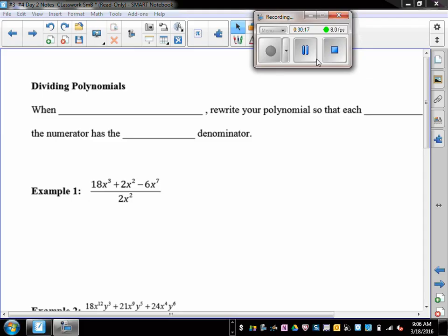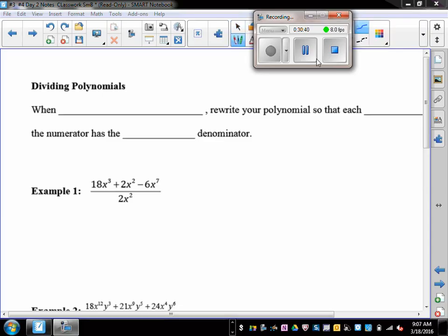All right, dividing polynomials. So we should be on the back side of that page. We're on the back side on that page. After spring break. All right, on the back side of our notes, we're going to talk about dividing polynomials.